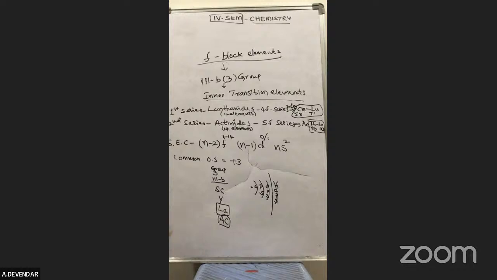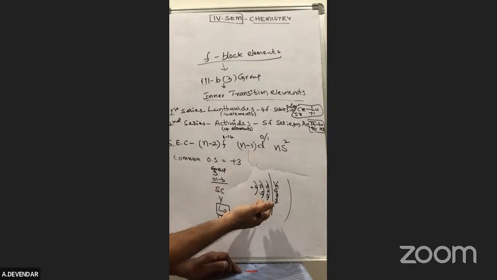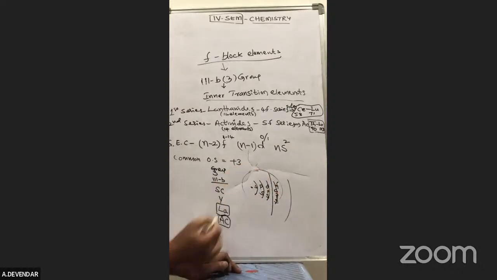And also, as I just told, lanthanide contraction is there, but not actinide contraction. Why? Because there is one more series, one more orbit. If a screen is already established here, what is the need of a screen again? That's why the 4f series has a great shielding effect or screening effect.